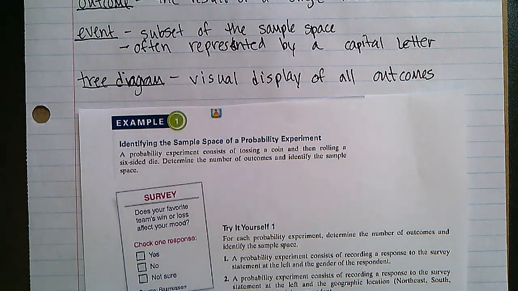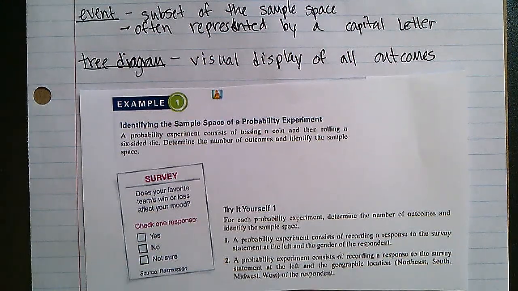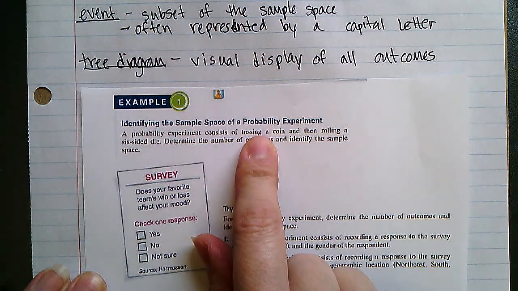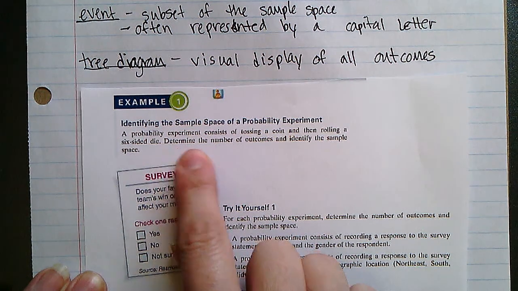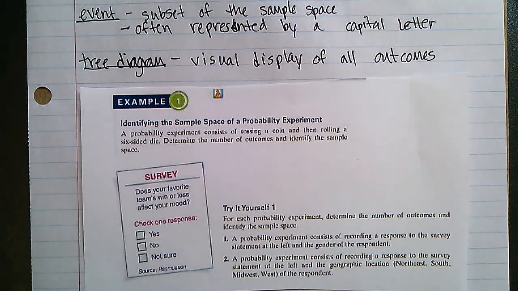What we're basically going to be doing here is identifying the sample space for a probability experiment. So here's our experiment. A probability experiment consists of tossing a coin and then rolling a 6-sided dice. Determine the number of outcomes and identify the sample space.